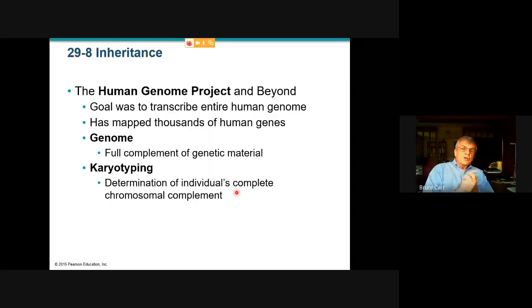Now, inheritance has taken a huge turn in recent decades because of DNA technologies. We now understand the DNA molecule and its code. We understand that its job is to produce proteins, and it is those proteins that are affecting the traits that we call inheritance.